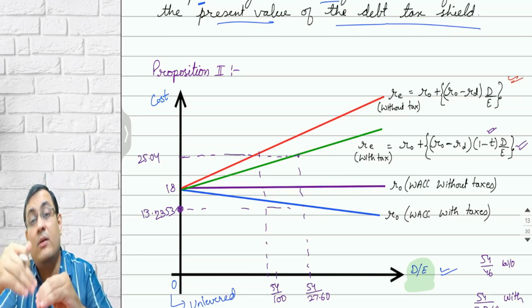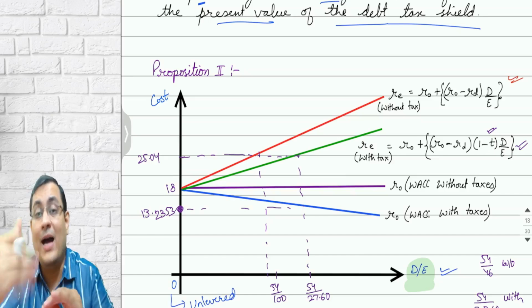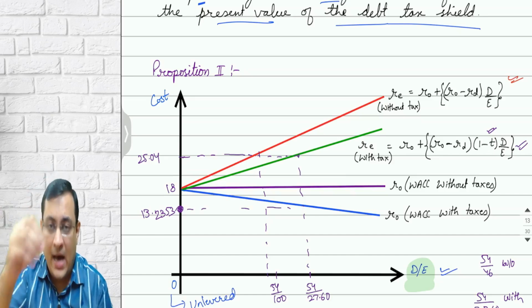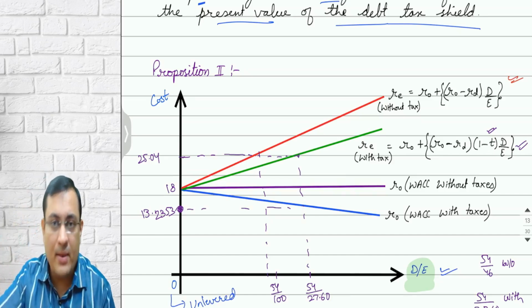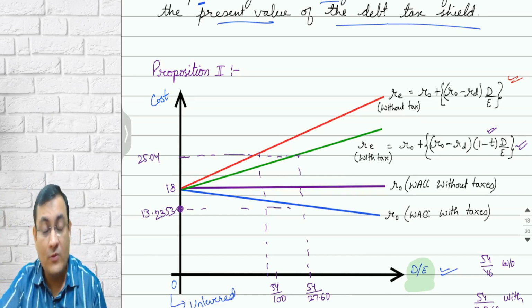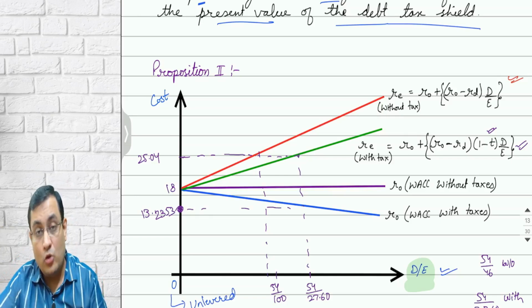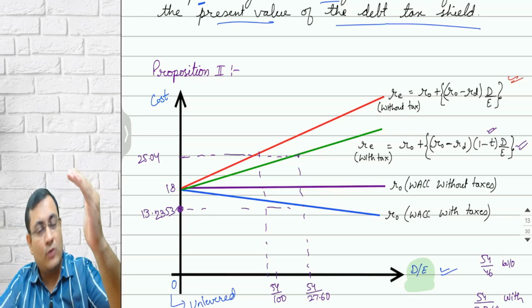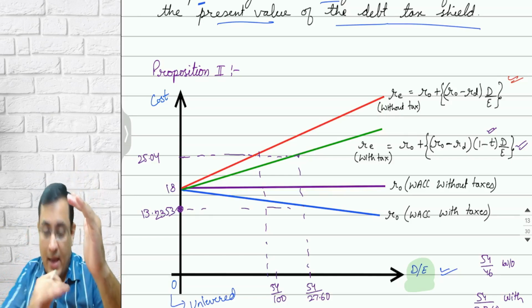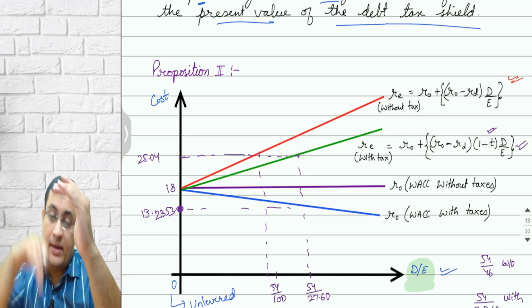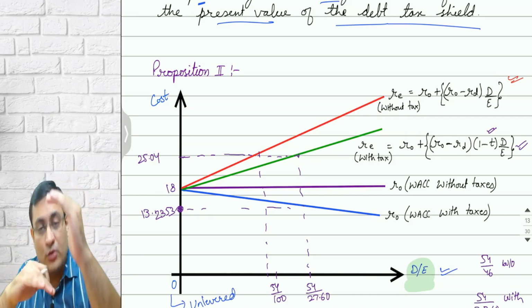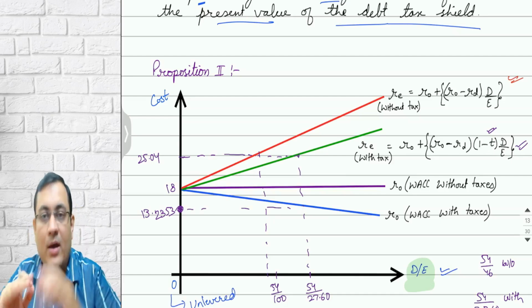So in the calculation of WACC, we will be using the after-tax cost of debt, that is RD or KD multiplied by 1 minus T, when we multiply it with the weight of debt. So the equity holders' cost increases at a lower pace, and in the cost of debt you are getting the additional advantage of tax shield. This is going to bring your WACC down.